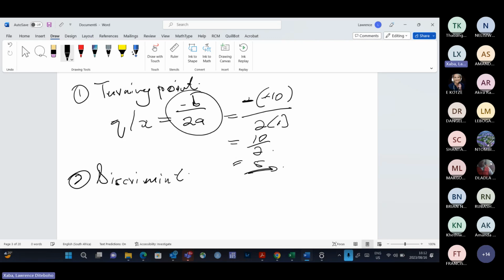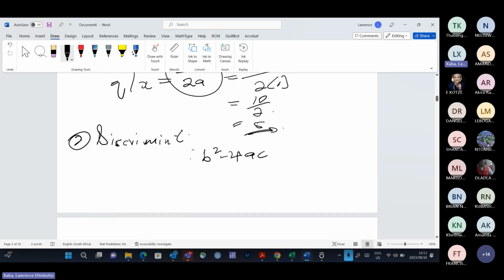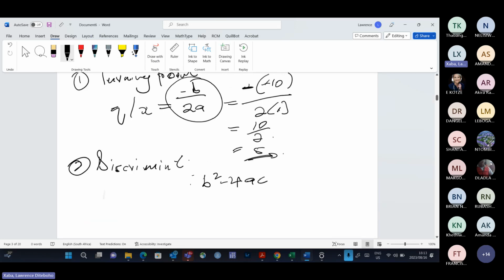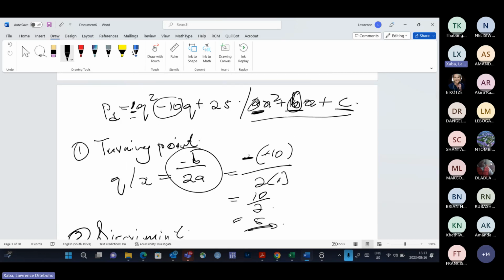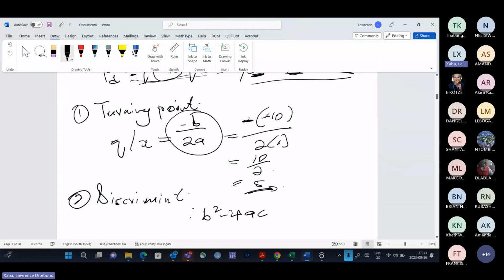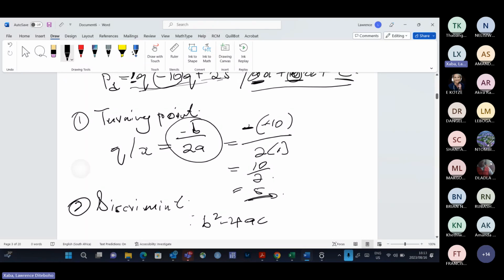So, like I said, this is where we're going to use what is within our square root. If you remember the quadratic formula under the properties, that part is B squared minus 4AC. So this is the part that we're going to use as our discriminant. So what do we do again? We refer back to our given equation. We are trying to feed our equation based on the symbols that we have.